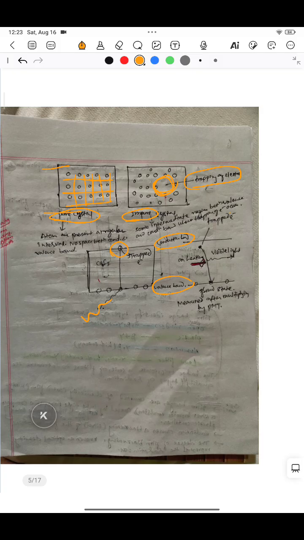So at one time we put heat here. On heating there is visible light, so by the amount of light we can calculate the dose.